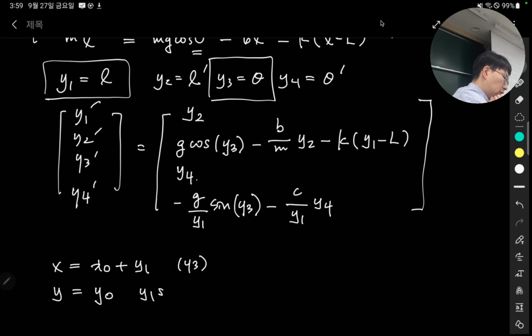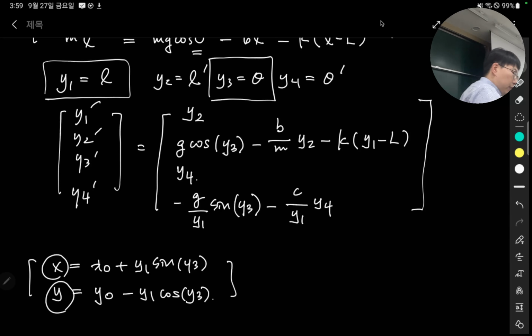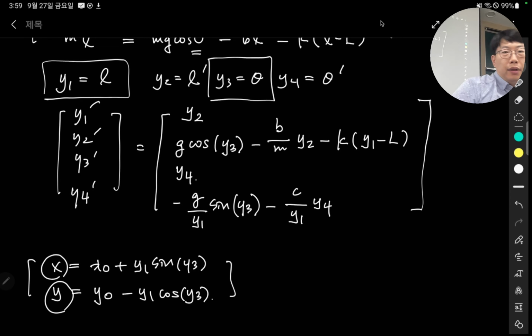This one's sine, and this one's cosine y3. Okay, so I want to draw this point. So let's try.